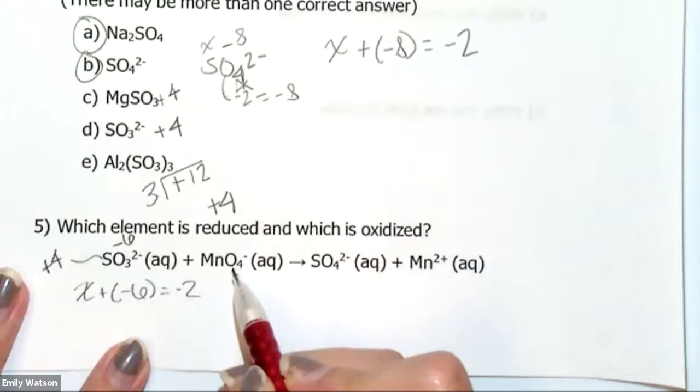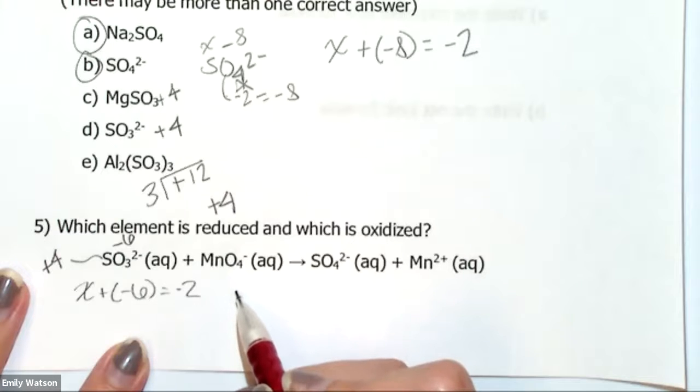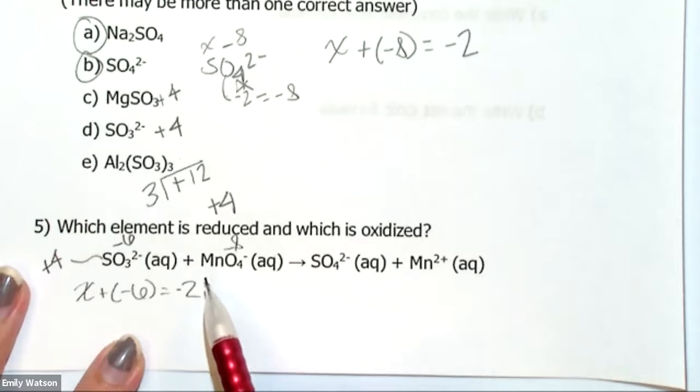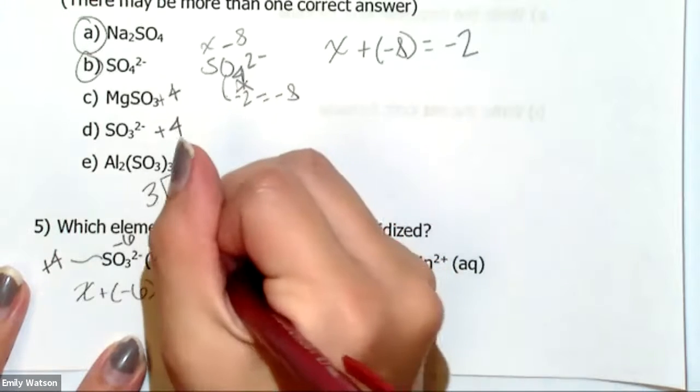What's the overall charge for oxygen here? -8. So we have -8. We want it to equal -1. So what do we have to have here? +7.